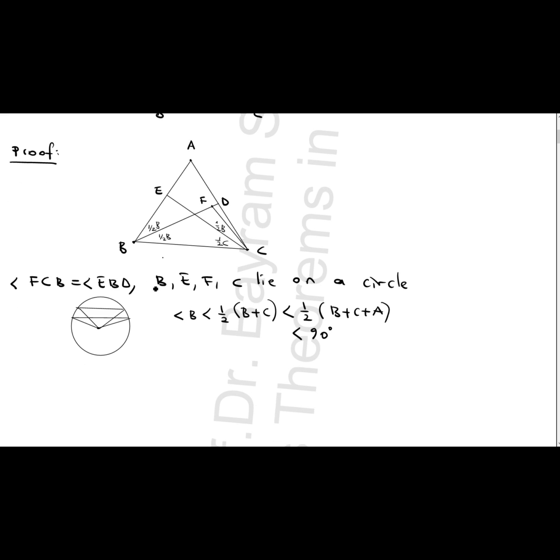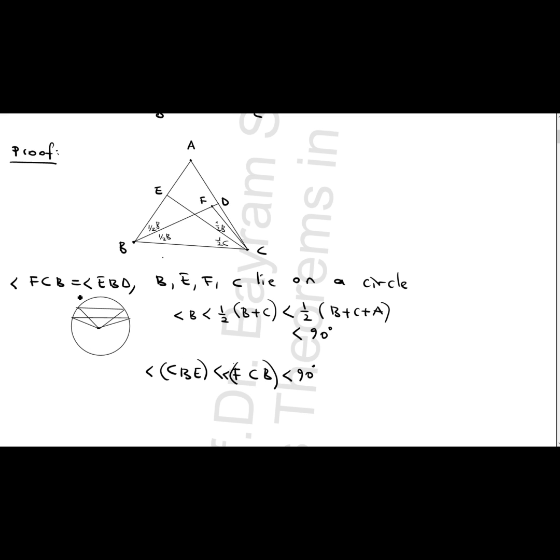Now, if you write this angle again, the angle CBE is smaller than FCB, and the above conclusions tell us this will be smaller than 90 degrees.